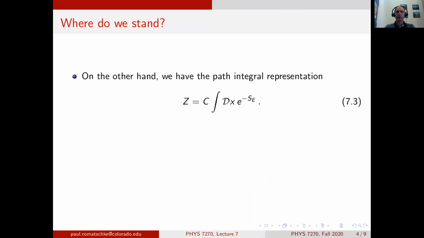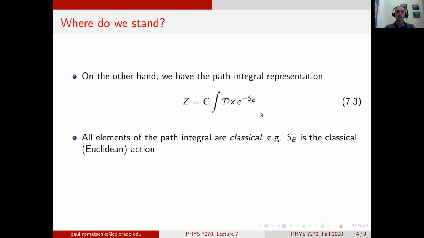On the other hand, in this lecture, we have explored a completely different setup for observables in quantum mechanics, namely the path integral representation. In this representation, the quantum mechanical partition function is written as an infinite dimensional integral over an exponential involving a purely classical object, this Euclidean classical action.